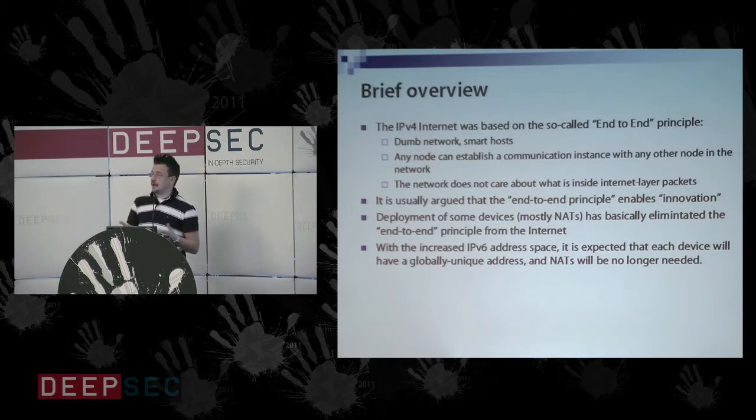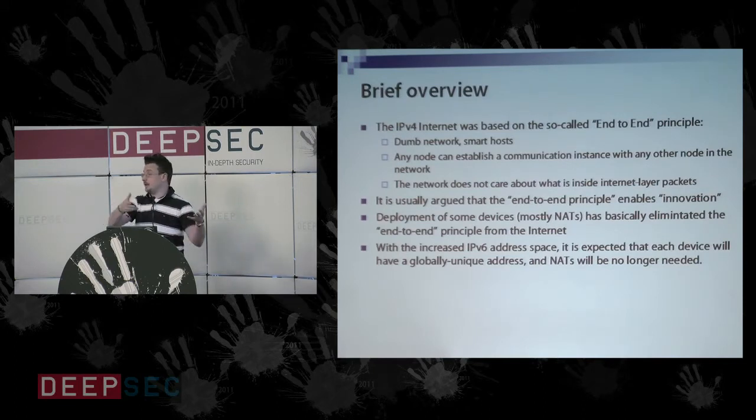Also that any node can communicate with any other node on the network, so that if you connected to the internet, let's say 20 years ago, you could get to any host that you wanted. And also that the network itself didn't care about what was inside the packets that you were sending. Routers would only take a look at the IP header, but not take a look inside of the contents.